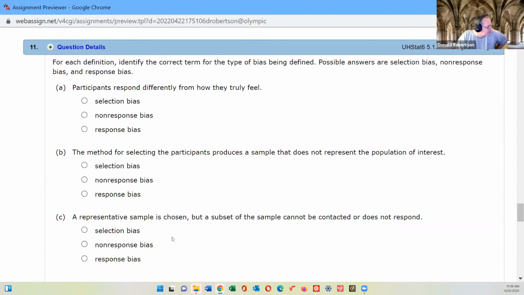How about this one: a representative sample is chosen, but a subset of the sample cannot be contacted or does not respond. Non-response. Yeah, just a non-response. The reason they didn't respond was, you tried to contact them, but they never picked up the phone or answered the mail or whatever it was.